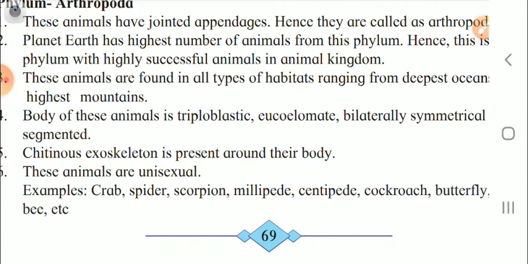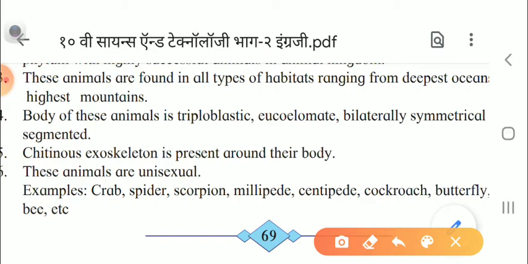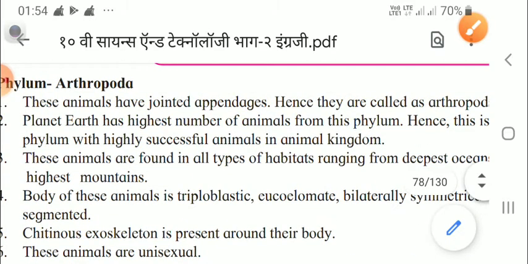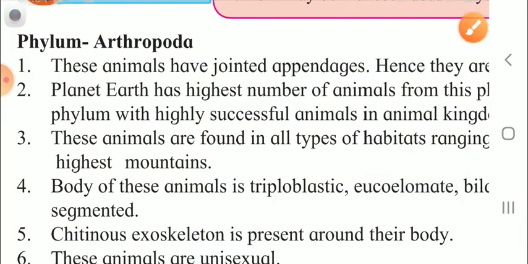Here we can see the next phylum is Arthropoda. This phylum has jointed appendages. That is the main characteristic.